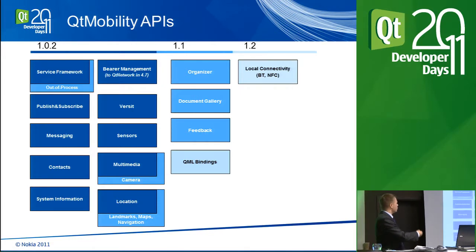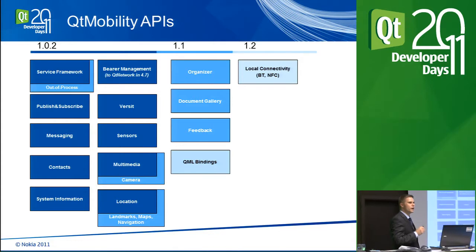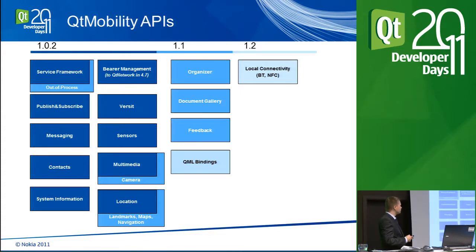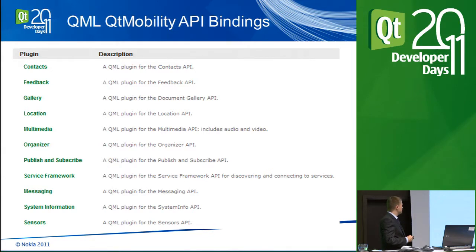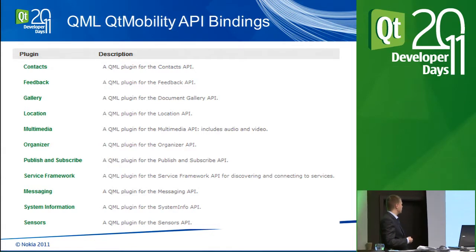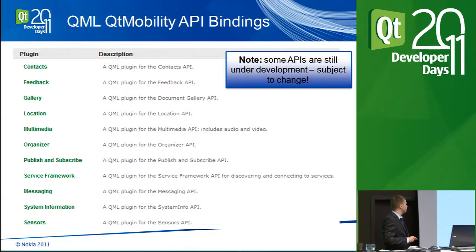And so QML bindings are there for some of these elements, so we have access to them from our simple QML UI. And we'll see how to make that happen. There's a little bit more detailed list of what's available, but let's not go there.